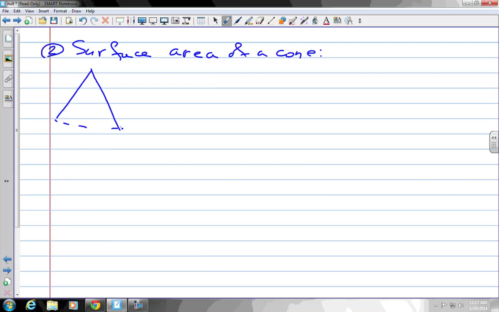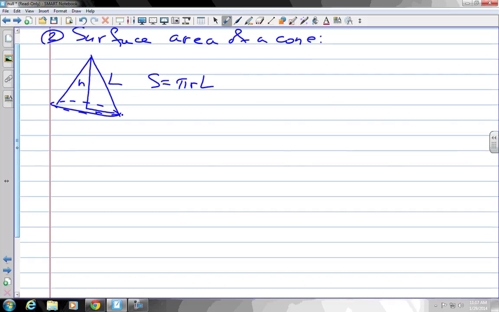We derived that formula using just basic geometry, and that formula came out to be that the surface area is pi r L. Now, to set it up using calculus techniques, it is 2 pi, but before I go 2 pi and all that, let's just think about how to generate a cone.